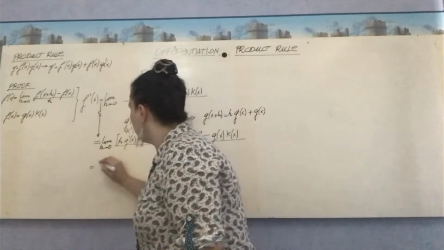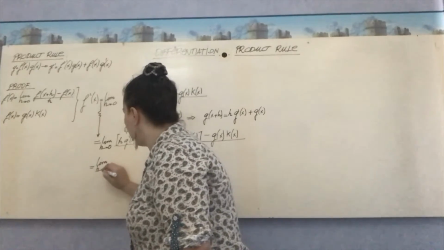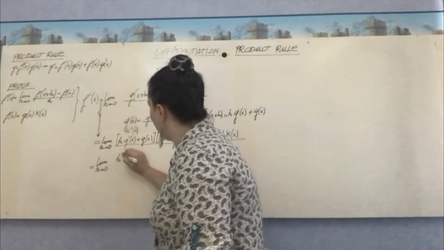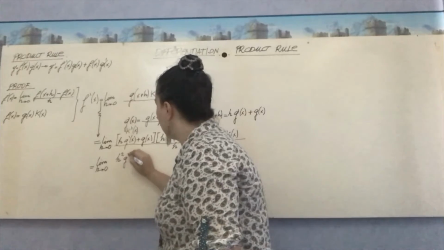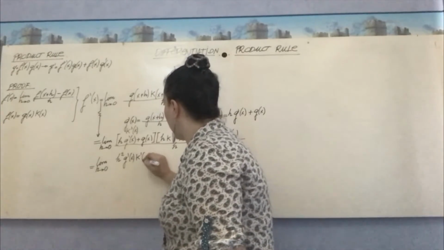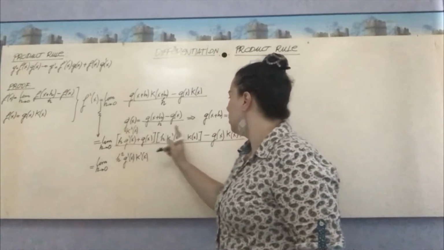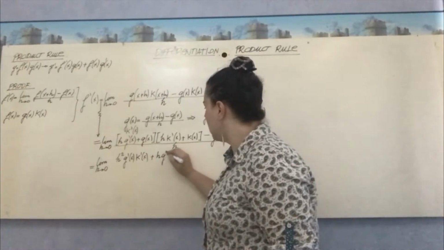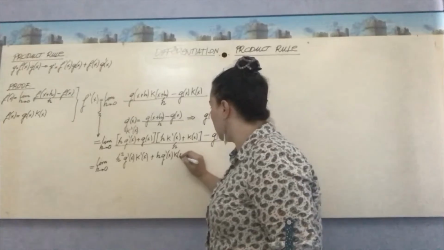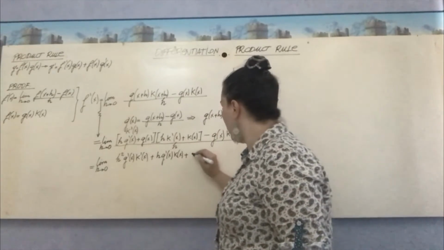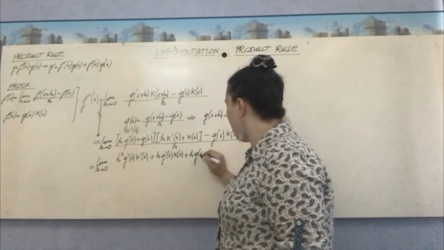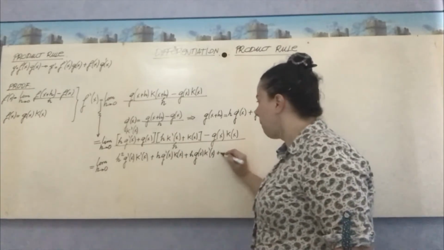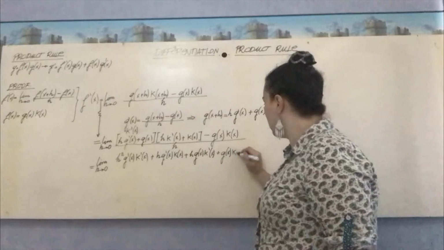So from here, limit when h tends to 0, and I begin expanding. h squared g prime of x k prime of x, that's the first term, and then first and second, so plus, I'm just putting the g's first, h g prime of x k of x, plus the second one, h g of x k prime of x, and then this one, g of x, k of x.